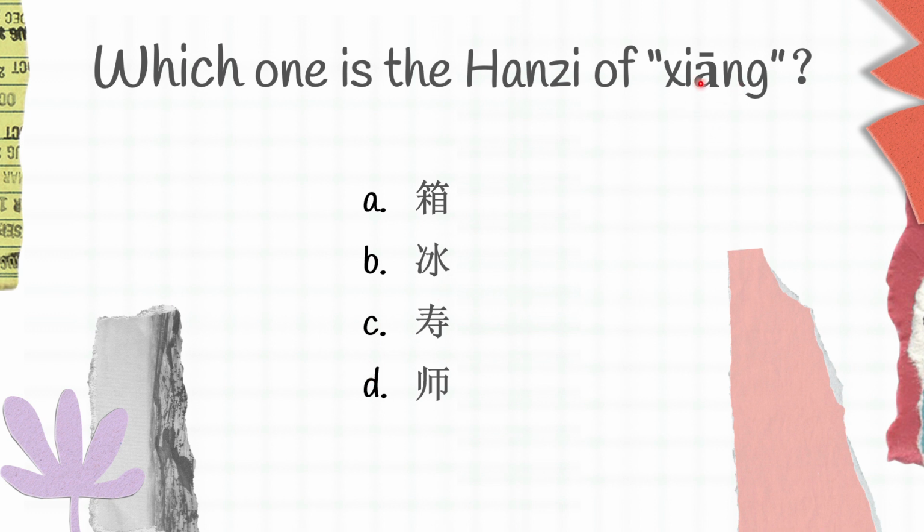Xiang here is A. Xiang comes from 冰箱. Shou comes from 寿司, and shi comes from 老师.